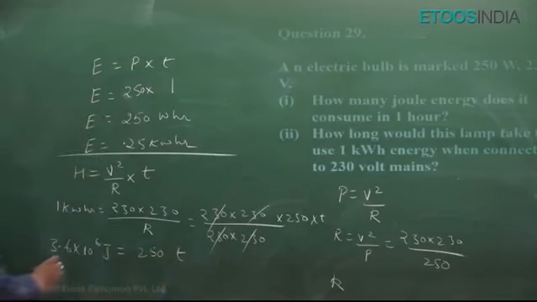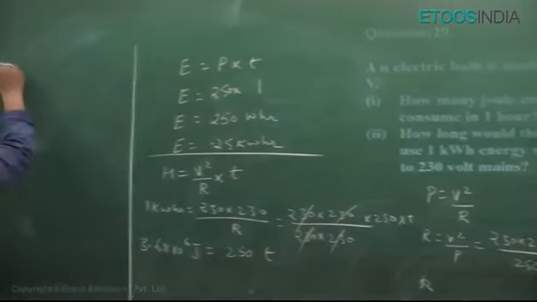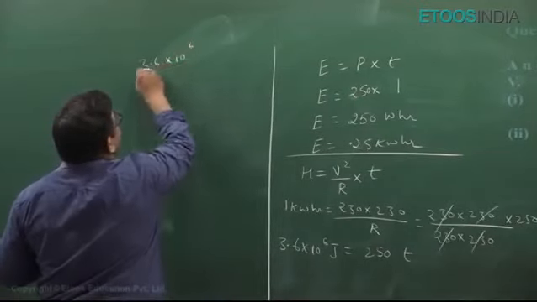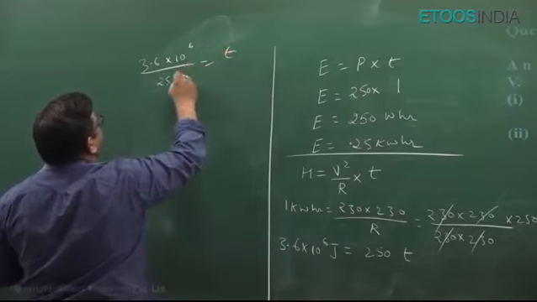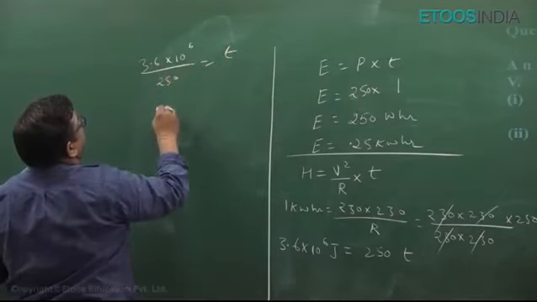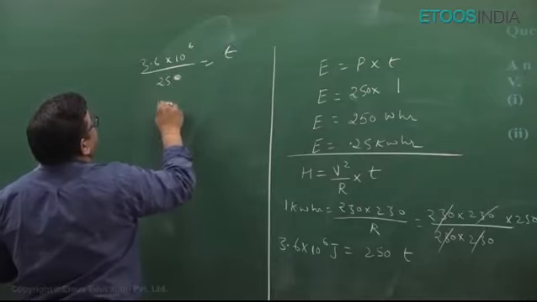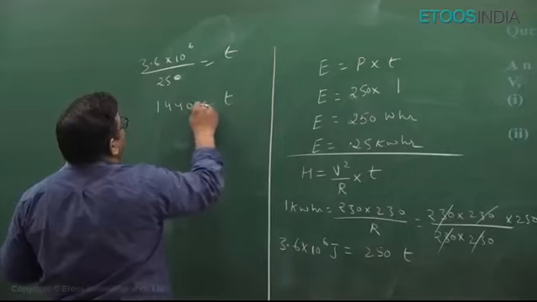If I start solving it, it will be 3.6 into 10 to the power 6 divided by 250, that is T. If I cut it down, the total answer will be approximately 1440, which is the time in seconds.